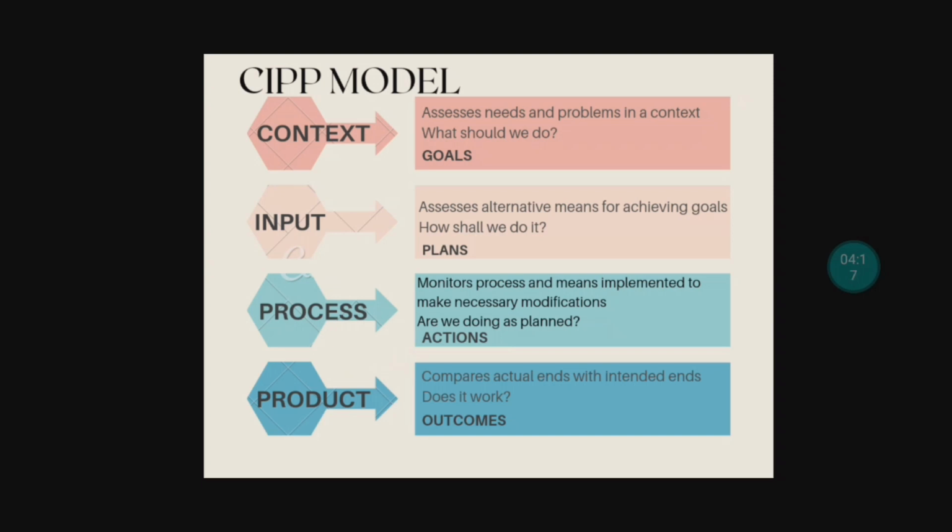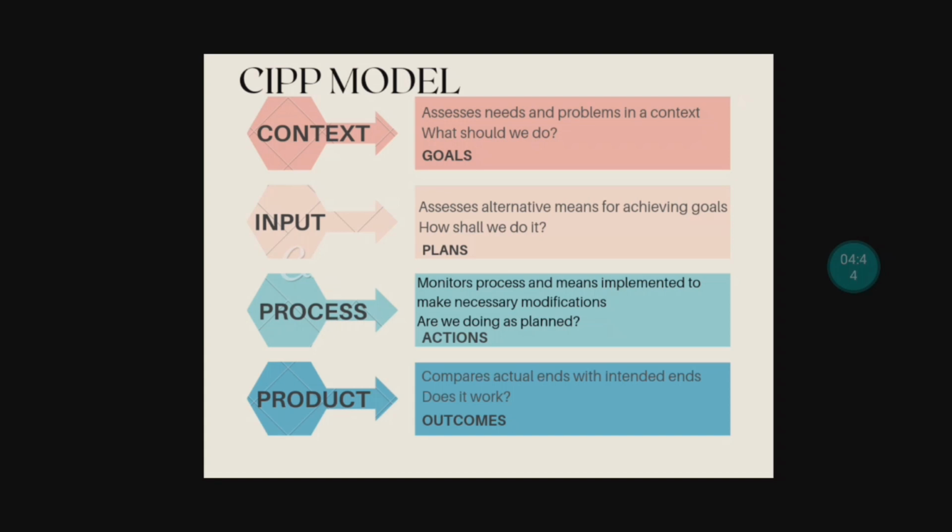The first C stands for context, which assesses needs and problems in the context for decision makers to determine the goals and objectives of the program or curriculum. It also answers the question, what should we do? And it is considered as the goals.